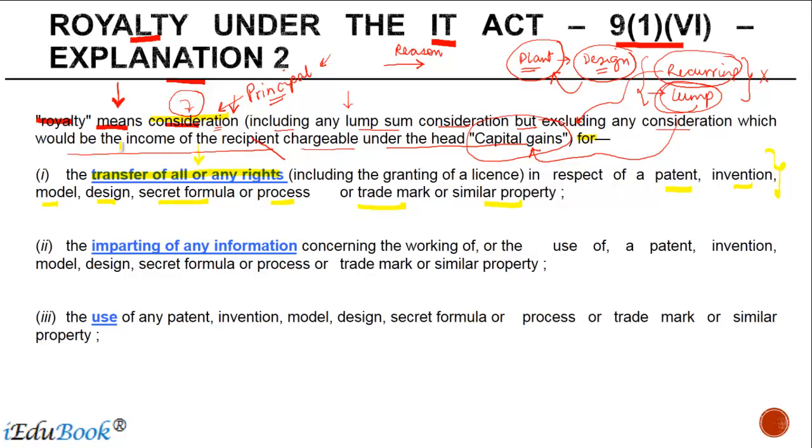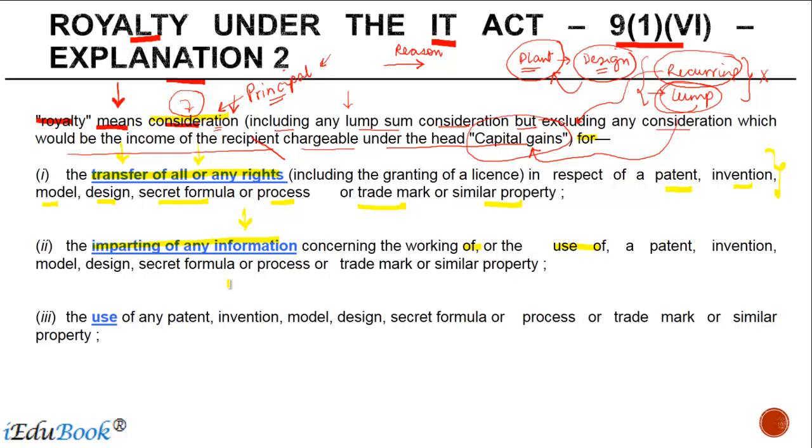Like I told you, in treaty normally transfer cases are not covered. Second, the imparting of any information concerning the working of or the use of a patent, invention, model, design, secret formula, process, or trademark or similar property.